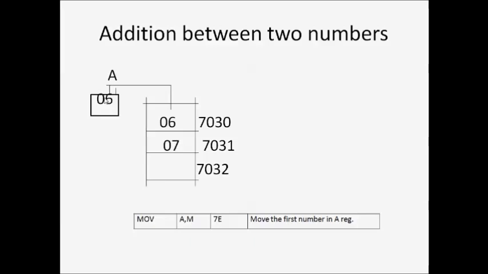That's why the accumulator is the default register. Right now 06 is stored in the accumulator, with the help of this instruction, MOV A,M.